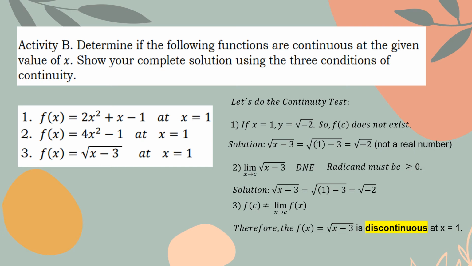Then you have to determine if naay restriction. No? If naa, then obviously it is discontinuous because the values of the first and the second conditions are not equal naman. But you have to write down the 3 conditions as proof of your understanding of the continuity test.